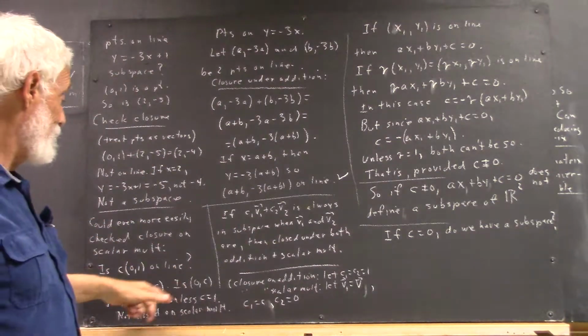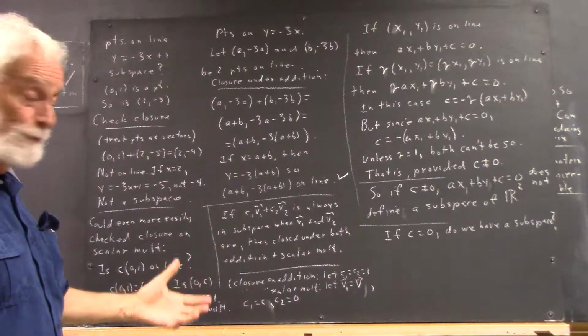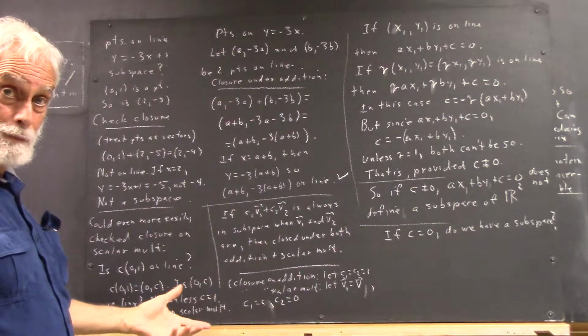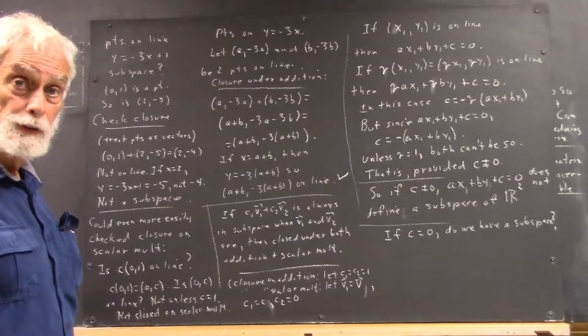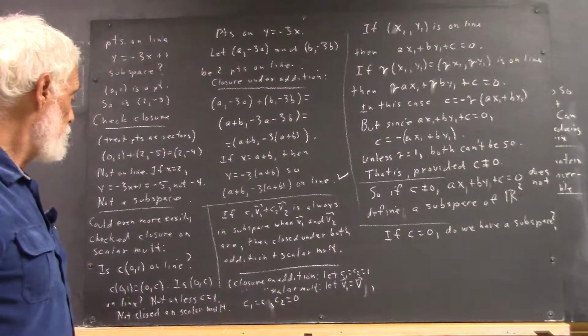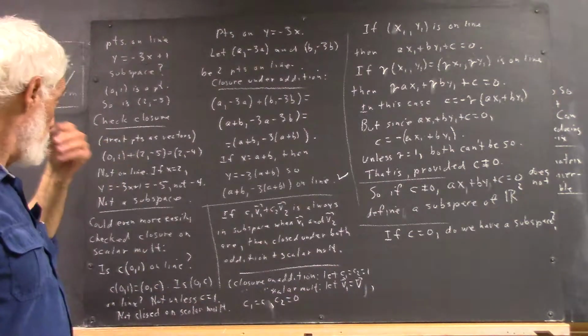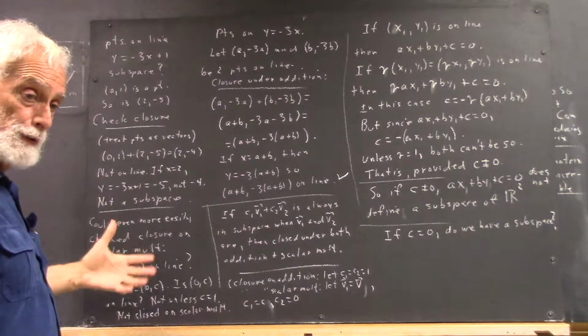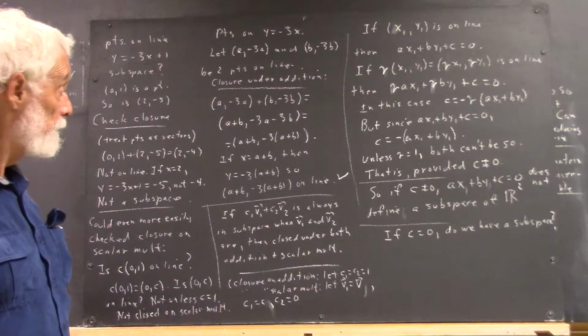So 0, c is not on the line for most values of c. Now it is if c equals 1, but otherwise it isn't. So we can't say that this thing is closed on scalar multiplication. So if we were looking for a quick way to disprove it, this is probably a little quicker than this, but it helps to do both and understand even more clearly why this set of points is not a subspace.